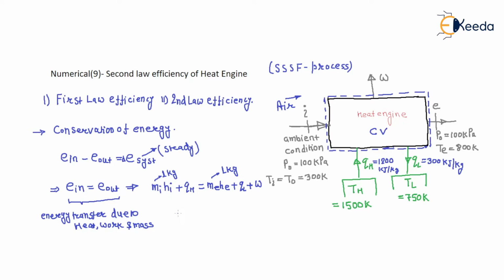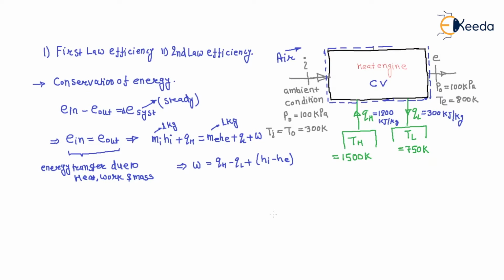So what is your work transfer? Work is QH minus QL plus Hi minus He. Air acts as an ideal gas, so this is Cp of air into Ti minus Te.